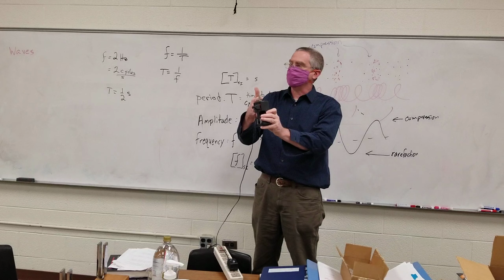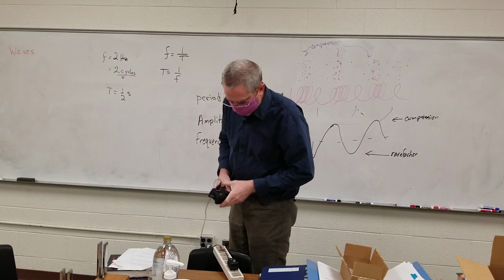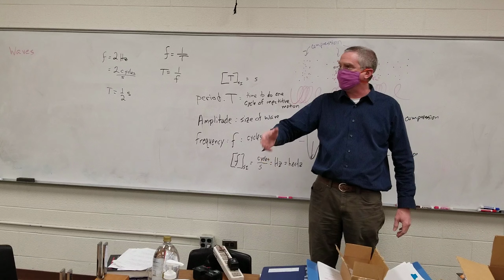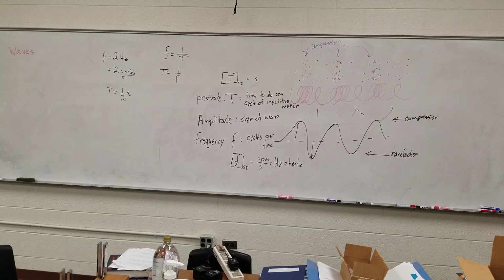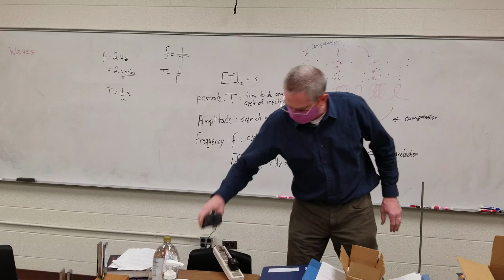I think you can hear that because it bangs against my fingernail. So this thing's oscillating up and down at 60 hertz, which means 60 times a second it's going up and down. I'm assuming you did not do this lab.